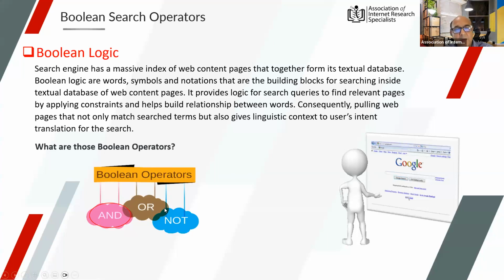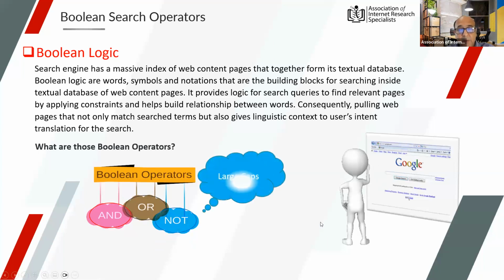Instead of having two terms on the left and the right of it, the NOT would work on something that is placed exclusively on the right of it, as if it is something that needs to be eliminated from the equation or from the search query or the search terms that you have used. So these are the three that Boolean likes to play with, apparently.